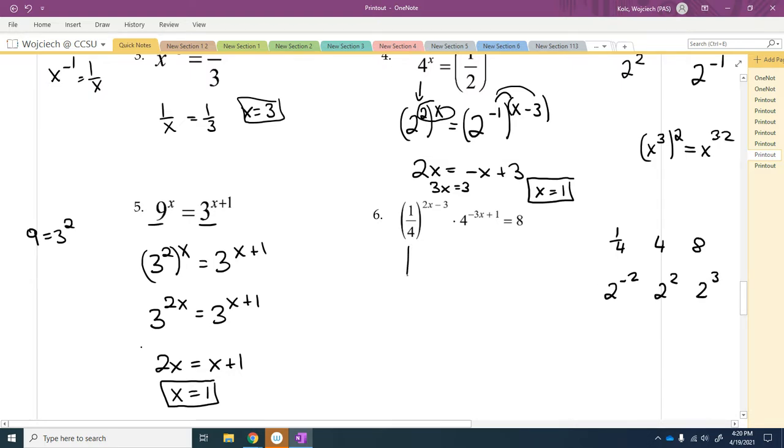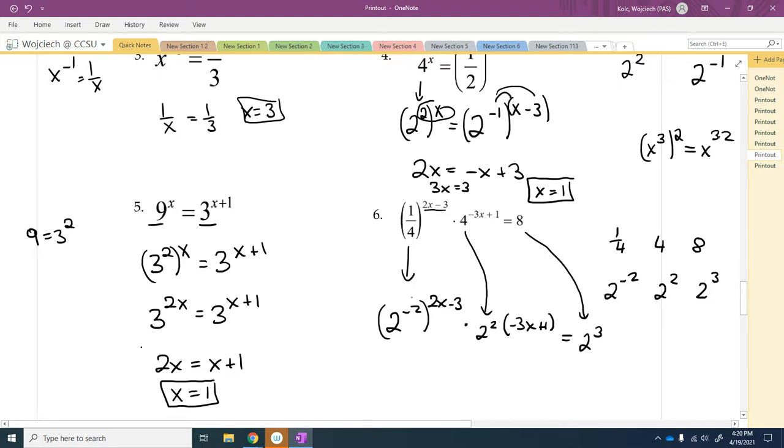So 1/4 becomes 2 to negative second, and don't forget 2x minus 3, times 4 I can rewrite as 2 squared, and then negative 3x plus 1, and then 8 I can rewrite as 2 to the third.